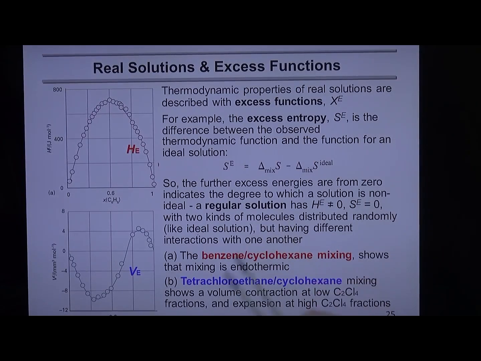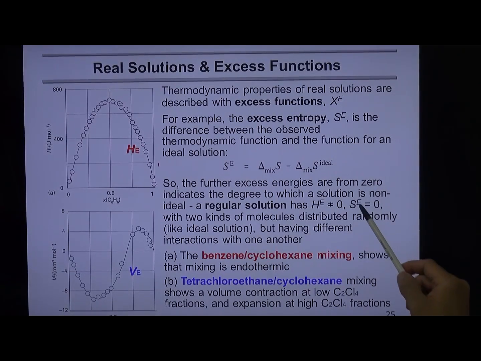A regular solution is a model for real solution, which has non-zero excess enthalpy. There is excess enthalpy, but excess entropy is zero. So a regular solution, a model system, has these properties.